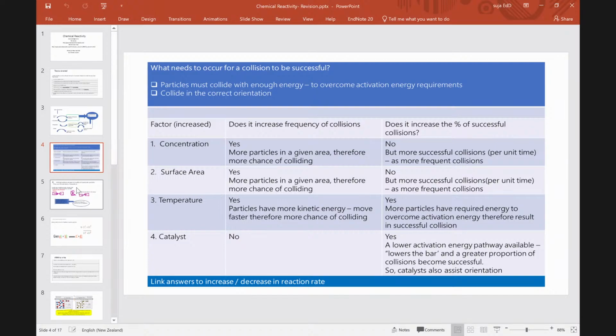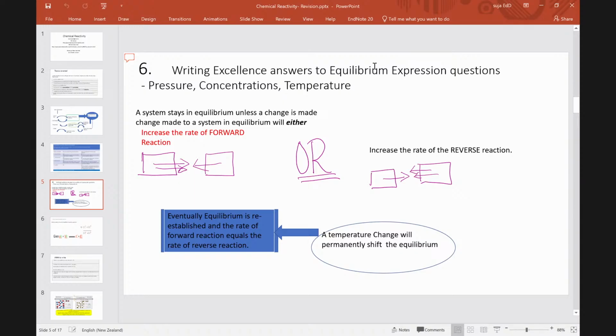Now coming to the next part of your writing. This is the part where I was talking to you about equilibrium. Equilibrium is nothing but a system stays in equilibrium unless, and this is exactly like your level 2 mechanics where we talk about Newton's first law, where an object continues to be in a state of rest or uniform motion.